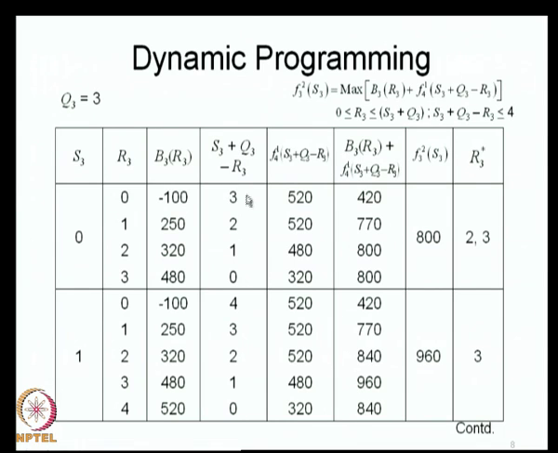And corresponding to this, what is this? This is the storage at the beginning of the fourth time period, and this defines S4, which is in fact the state variable for stage number 1. So, S4 is my state variable for stage number 1, for which we have already solved.